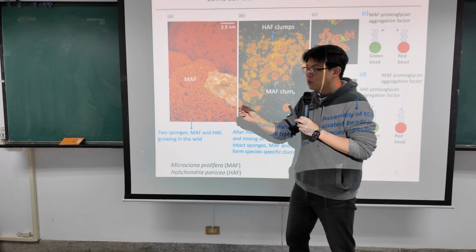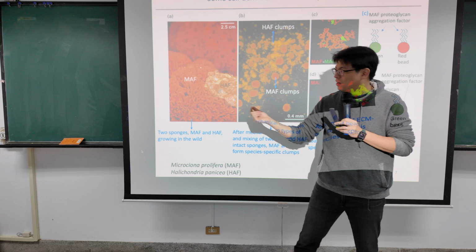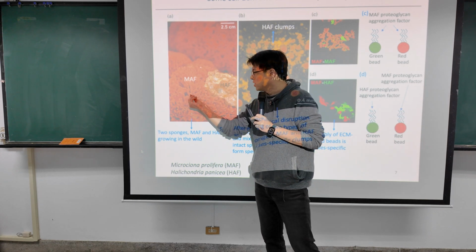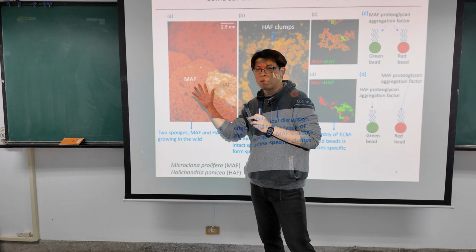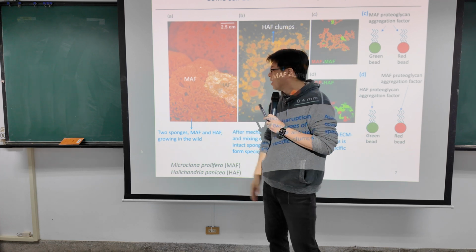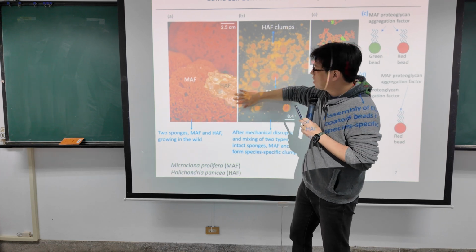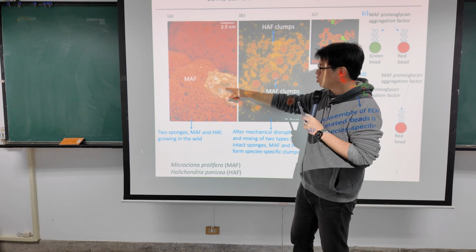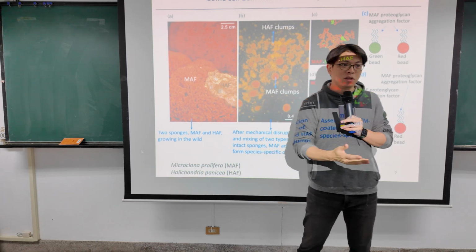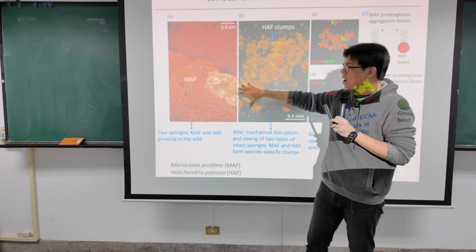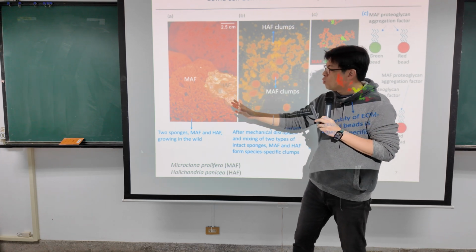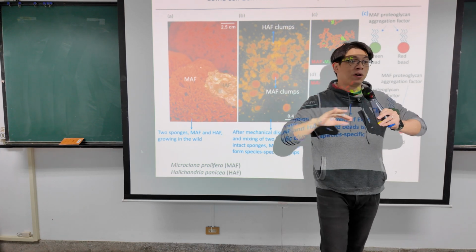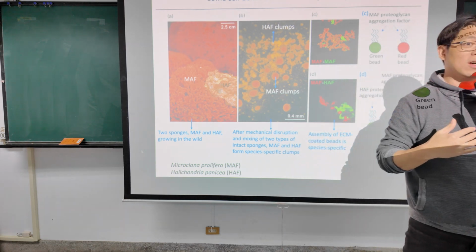The sponge cell is really tiny. A lot of sponge cells assemble together and form such a sponge pattern. This is the other species of sponge, HAF. Basically, in the wild, you can easily tell which are HAF and which are NAF. They grow separately. They don't mix with each other.